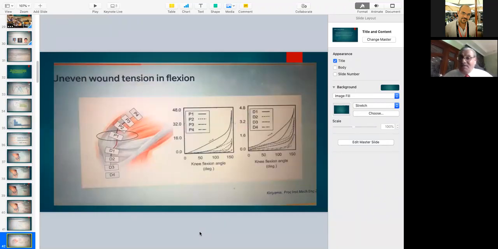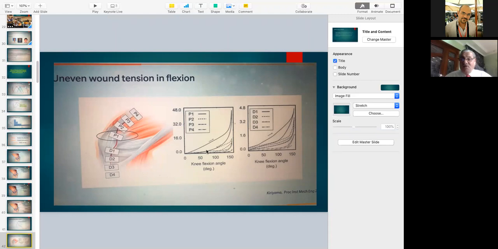What about flexion? We know that there is uneven wound tension in flexion. If you look at the proximal part and distal part, P1, which is directly above the patella, suprapatellar, has more tension than other sites in flexion. So whenever you go higher, the tension will be less, especially in flexion.